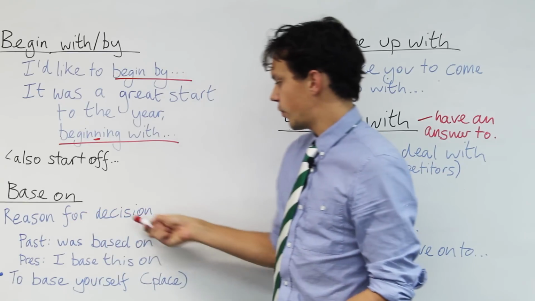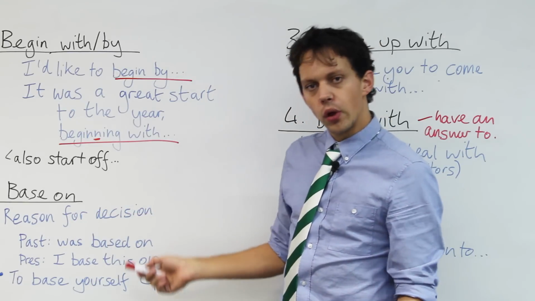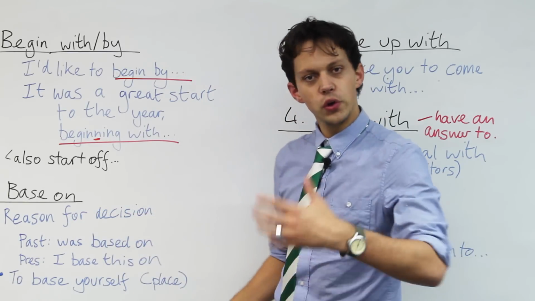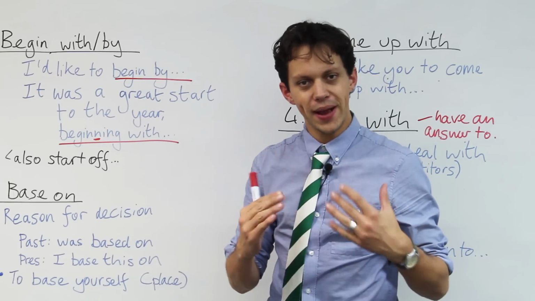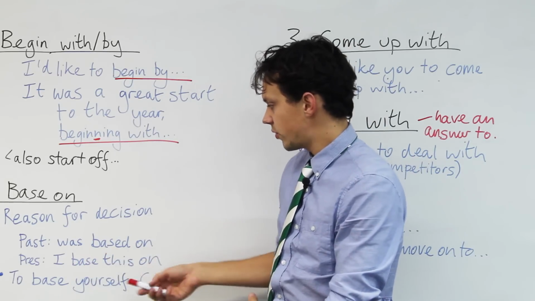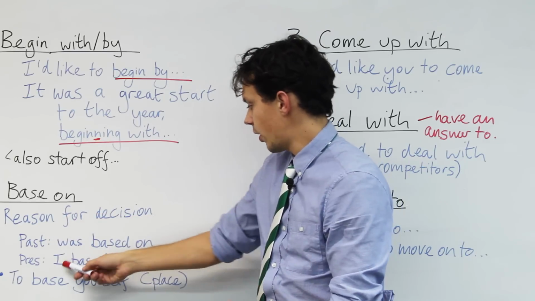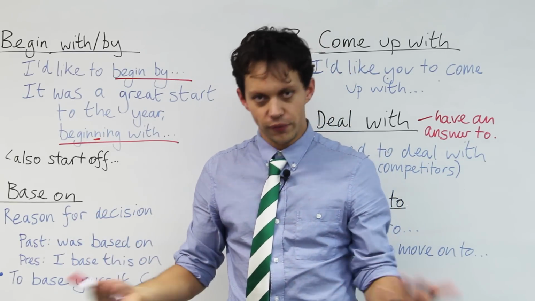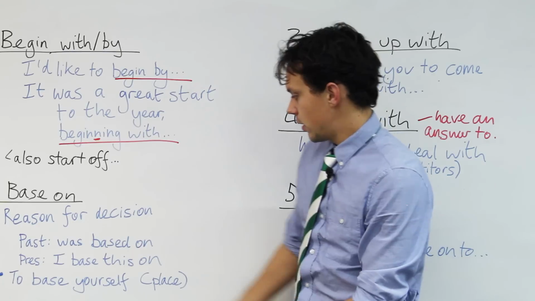It's the reason for a decision. So, you came to engVid today based on your desire to become better at English. So my reason for the decision, I base this on my understanding of the website, okay?